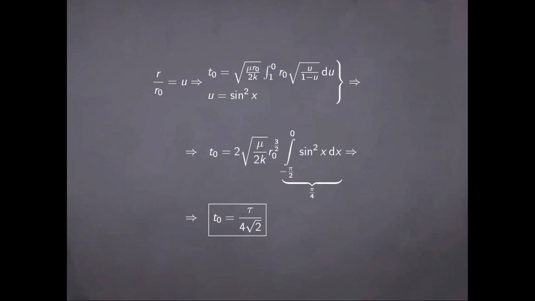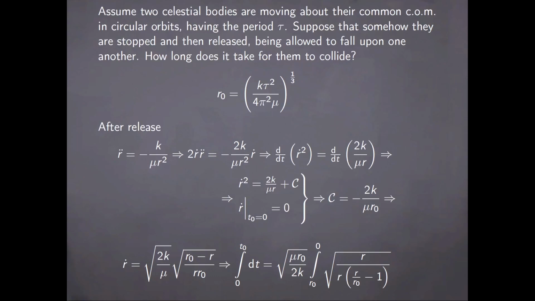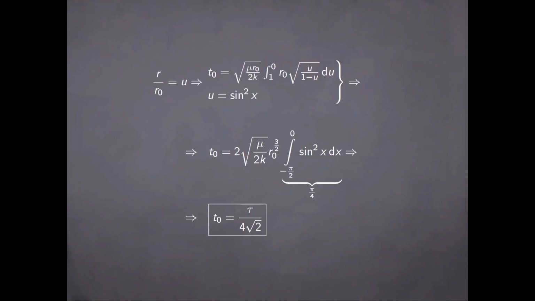And this is done by the substitution r divided by r0 being equal with u. This leads to the time t0 being given by this. So t0 would be the time until the two bodies fall upon one another, being given by this integral, which is carried out immediately for the substitution for the variable u being equal with the squared sine of x.